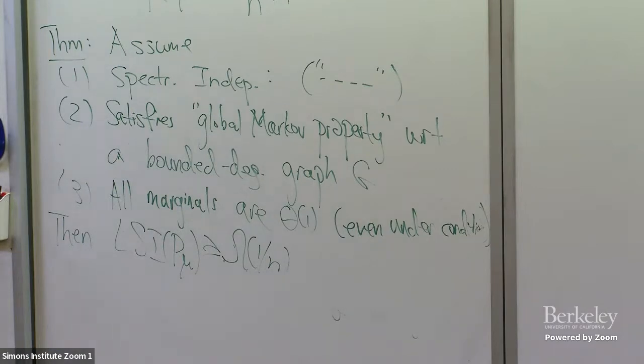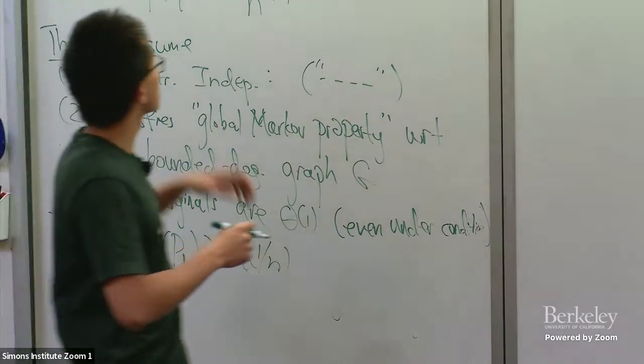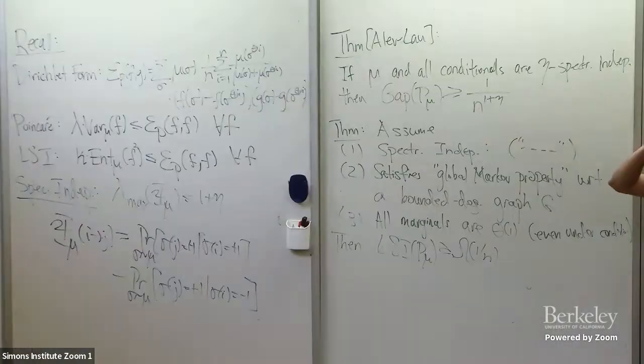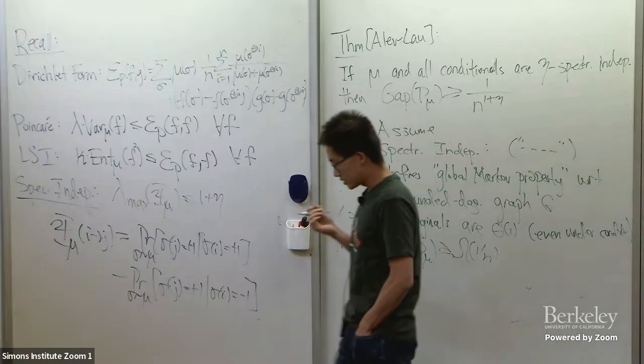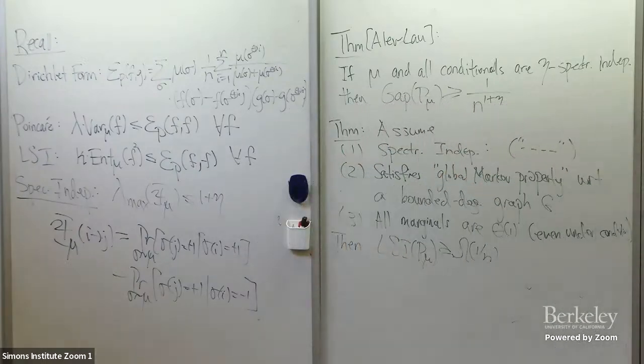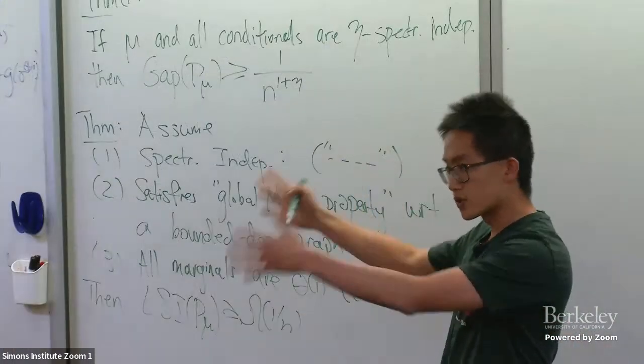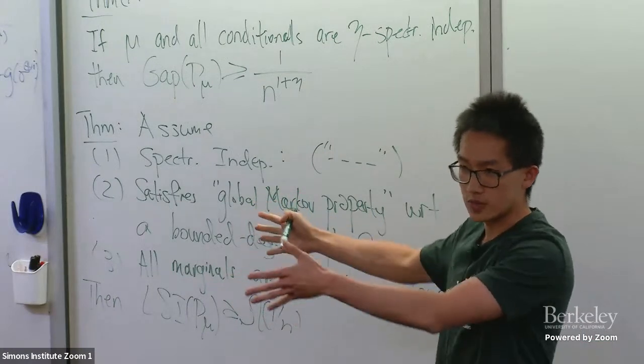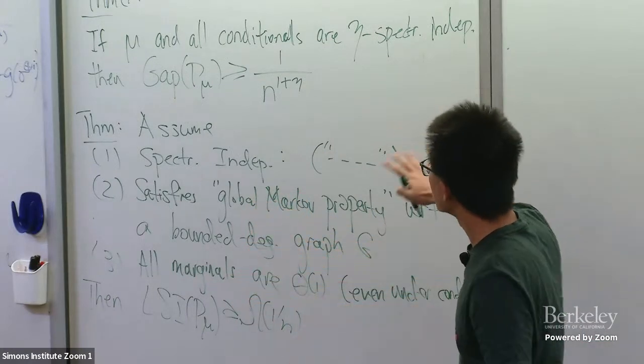My goal for this talk is to give you essentially a complete proof of this. I should first say, if you recall from Irit's talk, she talked about the equivalence between two notions of high dimensional expansion. One is based off something called local spectral expansion, which we saw yesterday is equivalent to spectral independence. That notion of high dimensional expansion is equivalent to something called random walk expansion, which is essentially mixing for these walks.